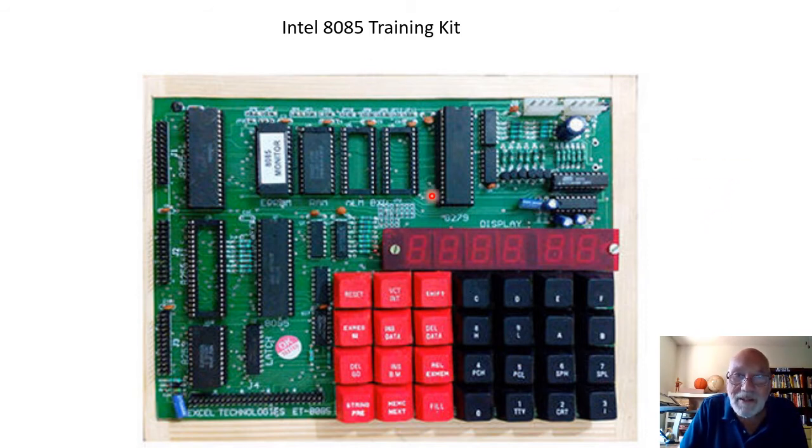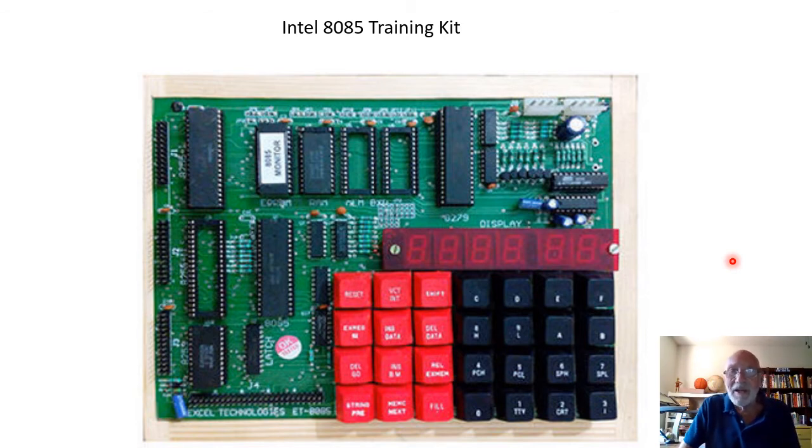Let's look at this one a little bit. It had an LED output, okay. It had keyboard input. It had the chip itself, and it had two 128 byte RAMs, which gave you a total of 256 bytes. That's all, just bytes of memory.